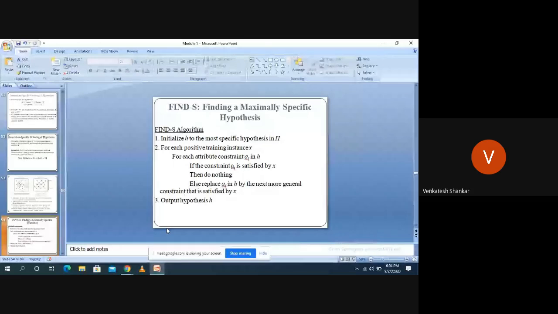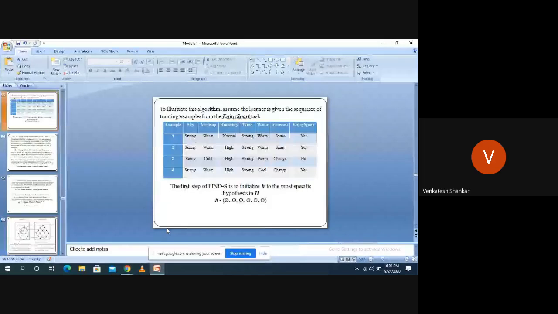Understood? See, you can look at this table. In this table, these 1, 2, 3, 4 we can call the instances. Here we are considering 6 attributes. What are the 6 attributes? Sky, air temperature, humidity, wind, water, forecast. These we can call attributes, and the attributes have some values. Sky has values like sunny, rainy.